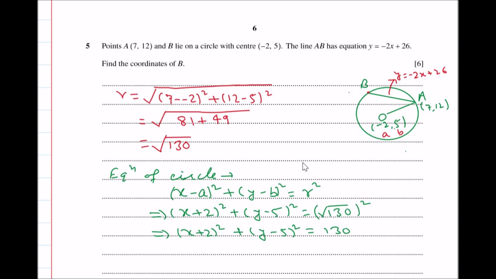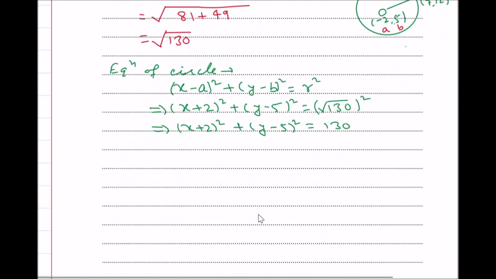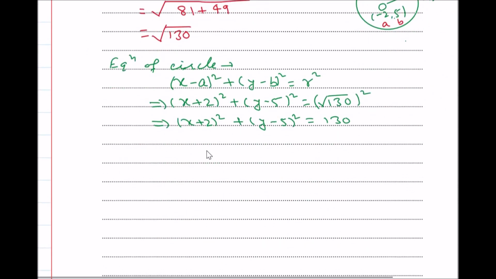Now, see, we have already the equation given here, the equation of the line AB: y equal to -2x plus 26. So, we will substitute in this equation to get a quadratic equation in x so that we can solve for x. So, let's substitute.